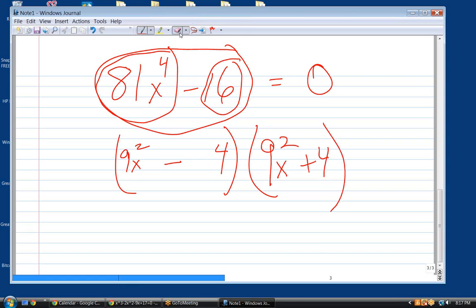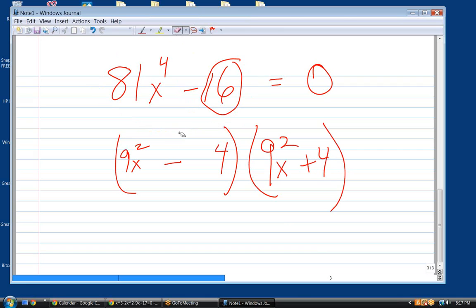The fact that it's a quartic doesn't prevent us from using difference of squares on it. And now, notice something else. What do we have left? Nothing. Well, we have a difference of squares there, and we have an irreducible quadratic there.